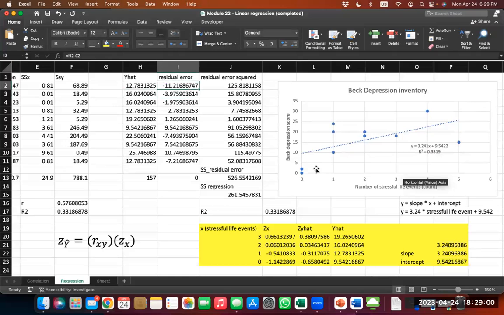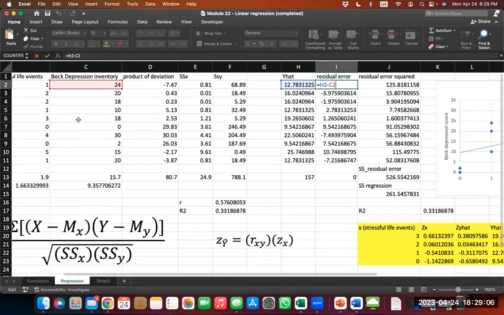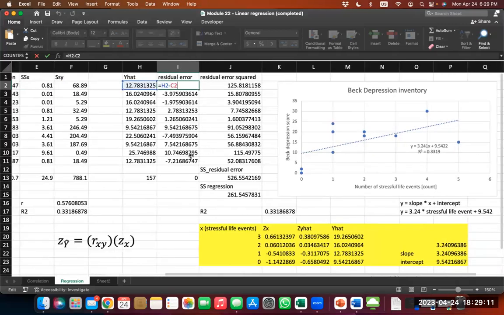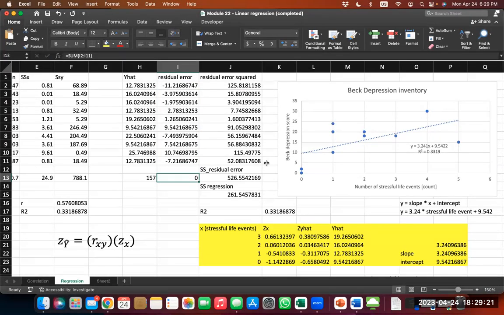The residual error is then simply calculated as the difference between our y hat and our actual value. That gets us these residuals. So now the sum of these is 0, has to be. So is the mean. The residual error squared gets us to a sum of squares of residual error of 526.